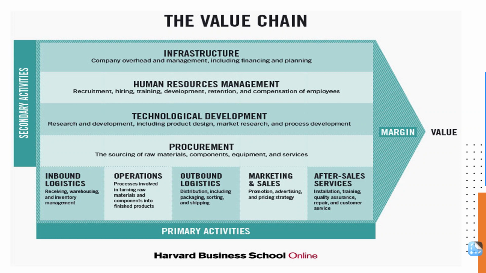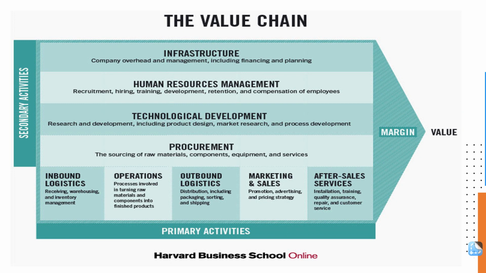So these are the primary activities, because as I already said, they directly add value to the final product. To support these primary activities, we need some secondary activities, which are infrastructure. Without a building, how can we operate these primary activities?